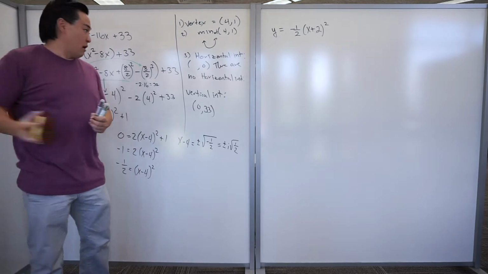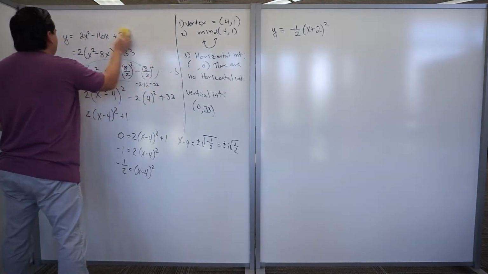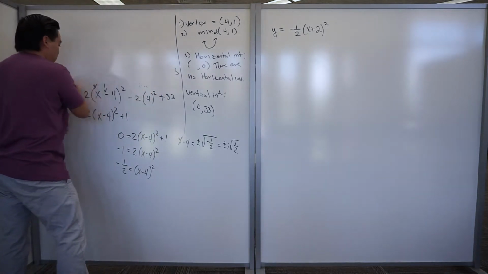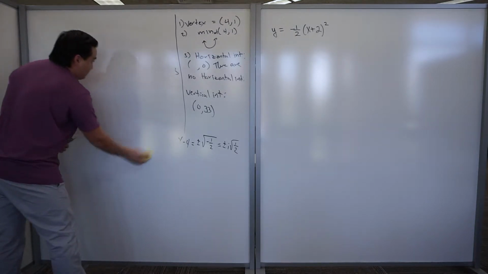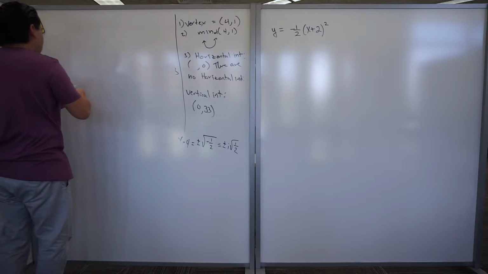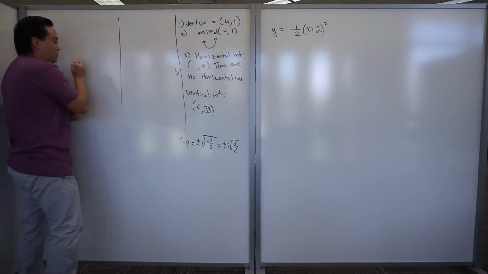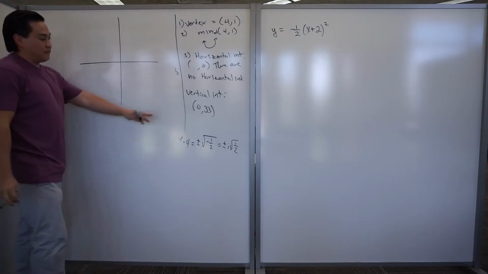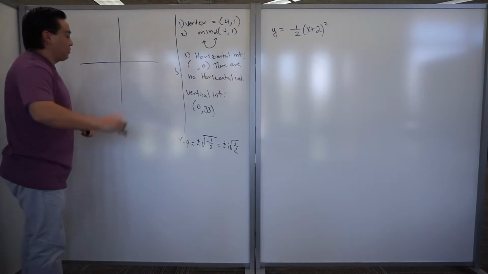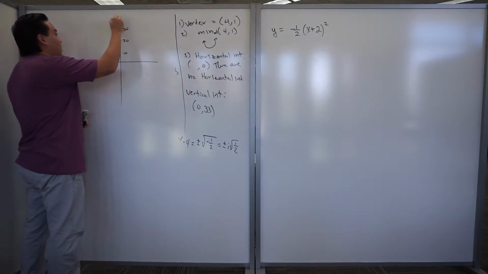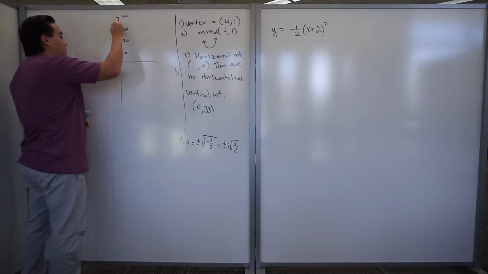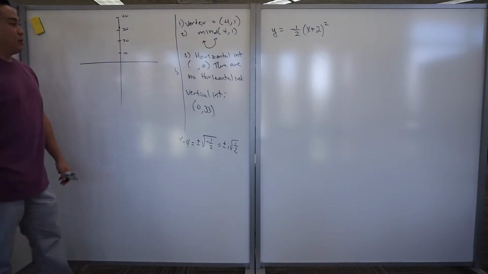So let's go ahead and graph this using that information. So I'm going to have to scale it, right, so that I can get to that 33. So 10, 20, 30, 40, 0, 33 is right there.